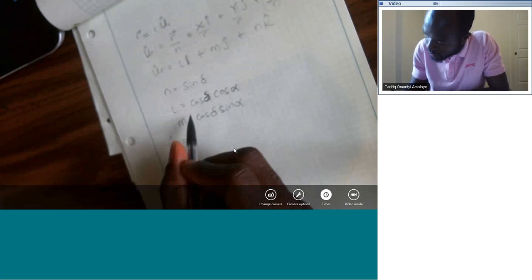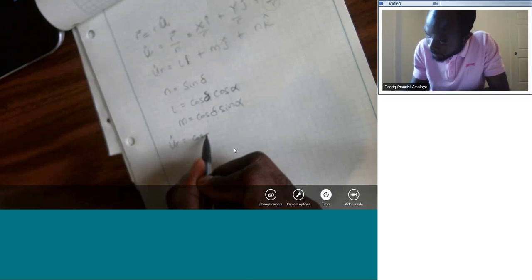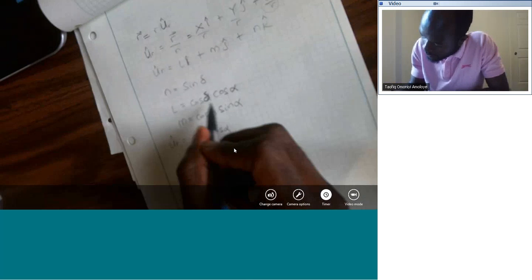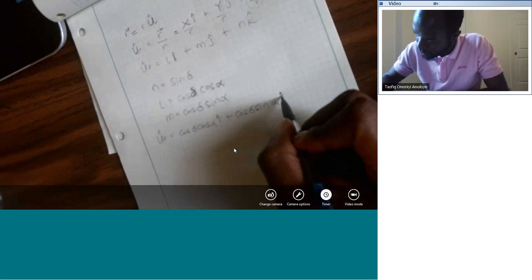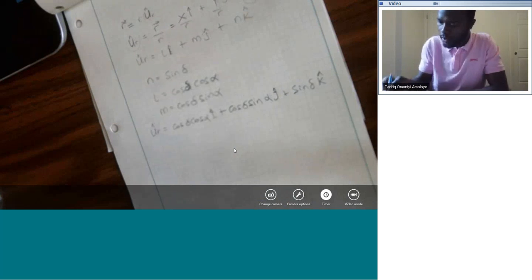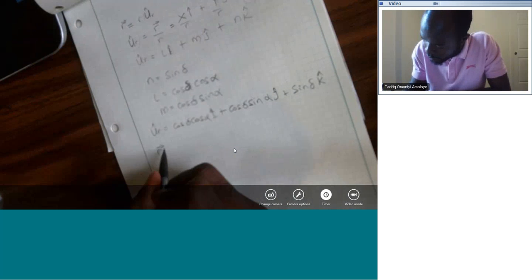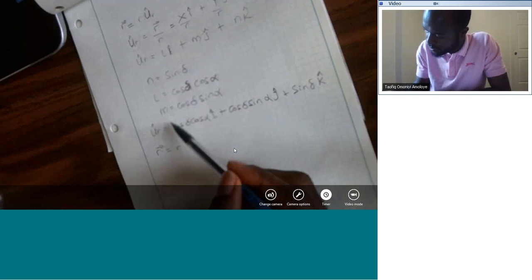If you just substitute all this for x over R, y over R, and z over R, or L, M, N there, we have UR to be equal to cos delta cos alpha I plus cos delta sine alpha J, and these are capital letters, plus sine delta K. So that means the position vector R is equal to R, the magnitude, times all this.